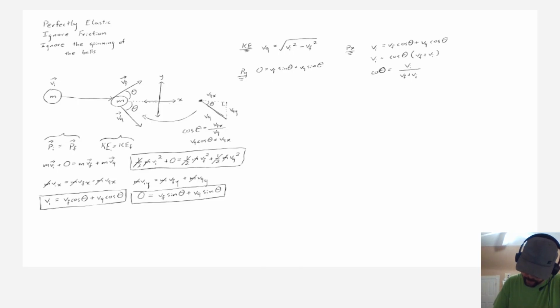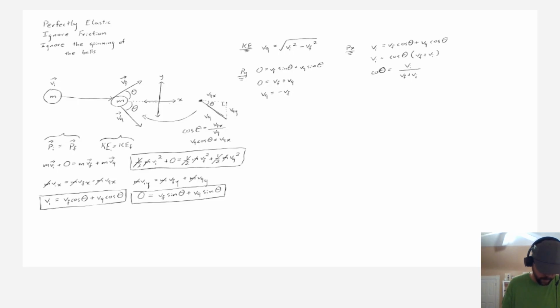The first thing we should do is factor out the sine of theta, and then we can take 0 divided by sine of theta, and that's still 0. So we have 0 equals velocity final plus v9. And then let's keep v9 as positive, so we'll subtract the v final to the other side. So v9 equals negative v final. Okay, so we have these three equations.